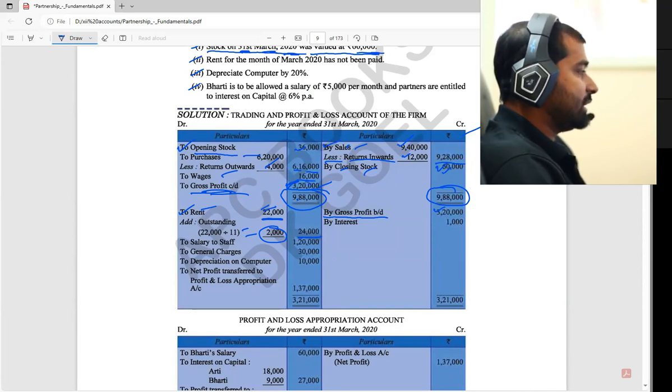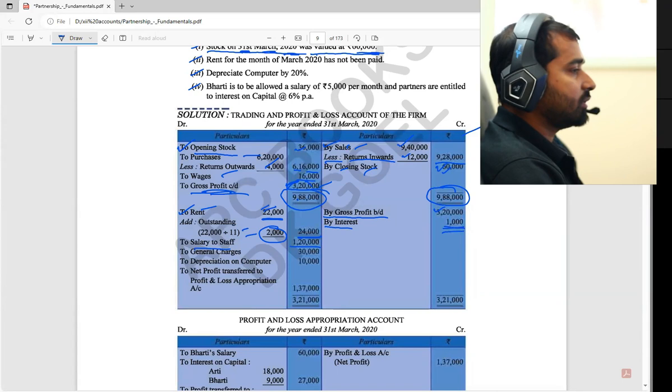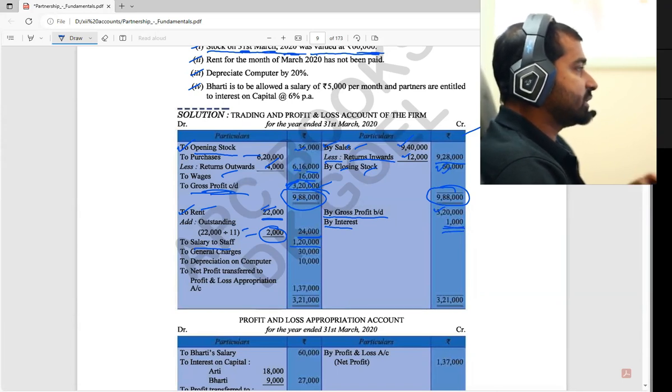Now on that side you could find salary. Salary 1,20,000 was there, we have taken here. Correct? Now come to this side. By interest, that is 1,000 rupees. Correct now? I hope up to this point you understood.